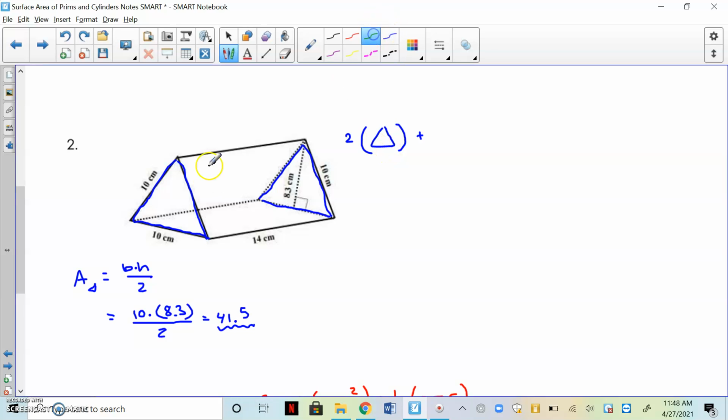The next part, we have this rectangle. Now, the cool thing here is that they actually told us that the short end of this rectangle is the same size as the short side of this rectangle. So really, we have 2 identical rectangles. The dimensions of that rectangle are 14 by 10.